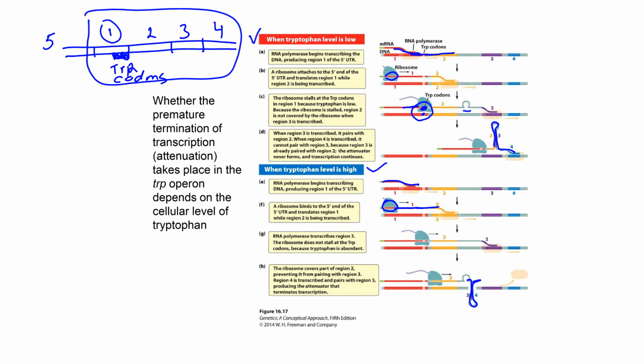If you recall, repression of the TRP operon is controlled by the level of tryptophan. Attenuation is controlled by availability of tRNAs carrying tryptophan. So why is there a second mechanism of control of TRP operon expression?